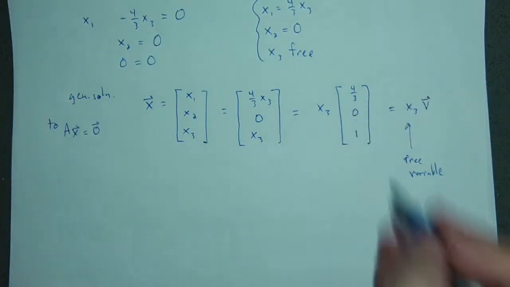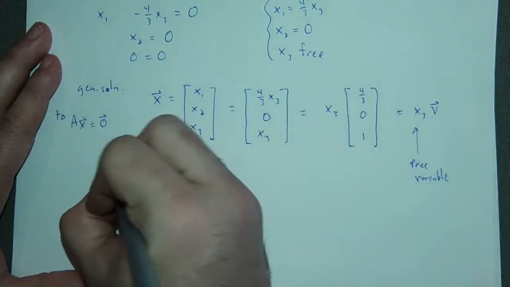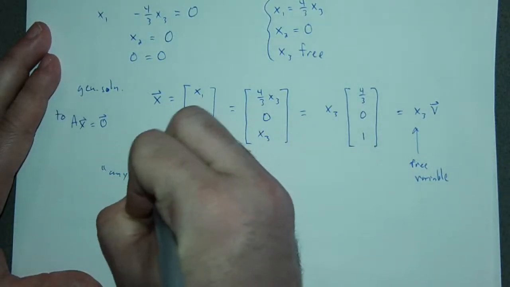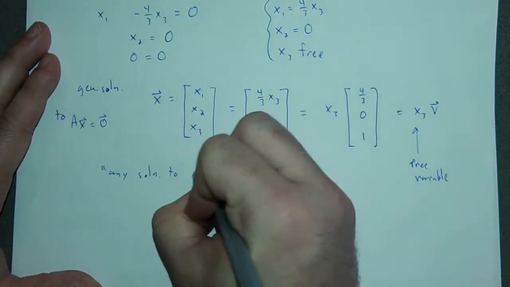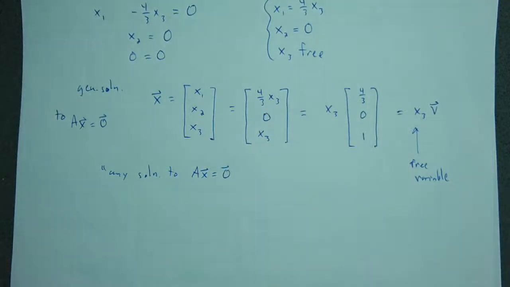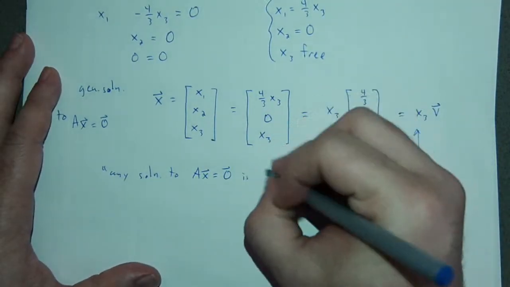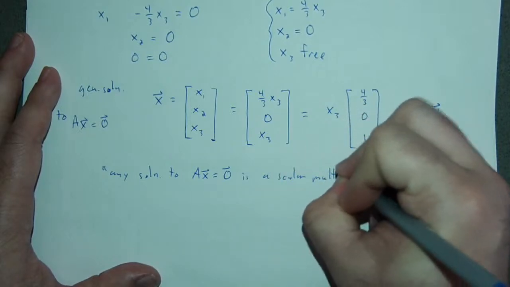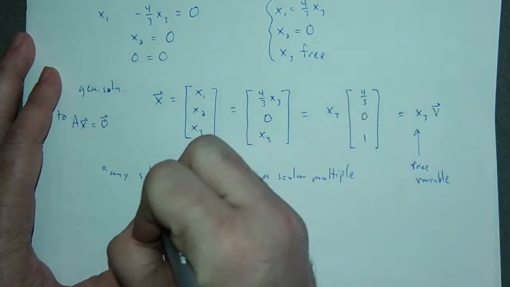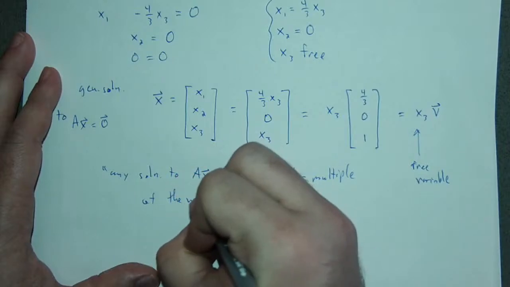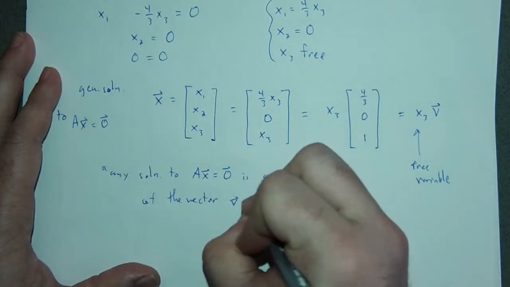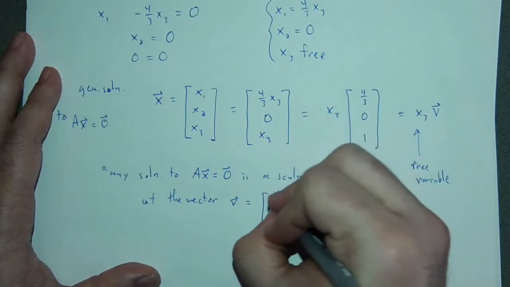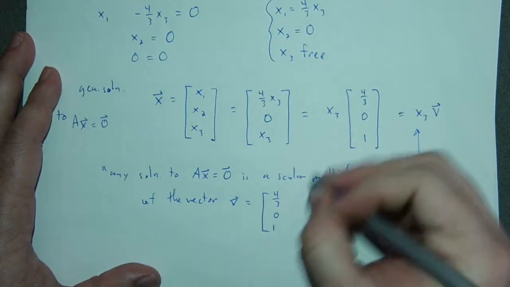What this is saying is that any solution to Ax equals 0 for this particular problem is a scalar multiple of the vector v, which is 4/3, 0, 1.